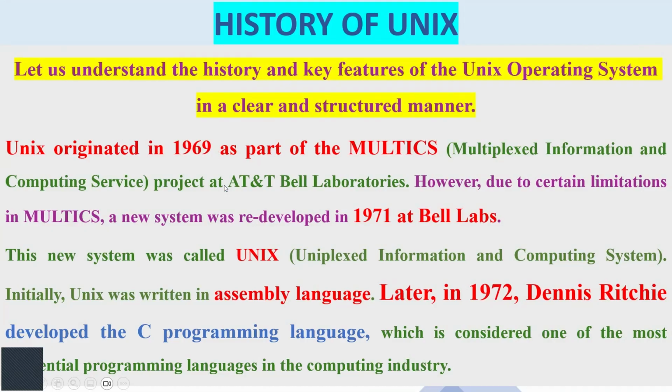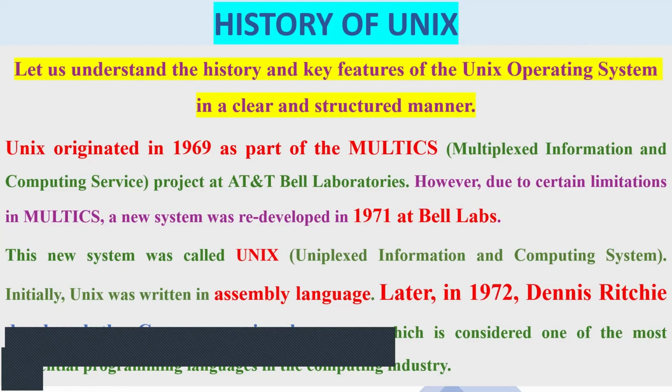Due to these challenges, a new and simpler system was developed in 1971 at Bell Labs. This new system was called Unix, which stands for Uniplexed Information and Computing System. The goal of Unix was to provide a powerful yet simple operating system that could support multiple users effectively.